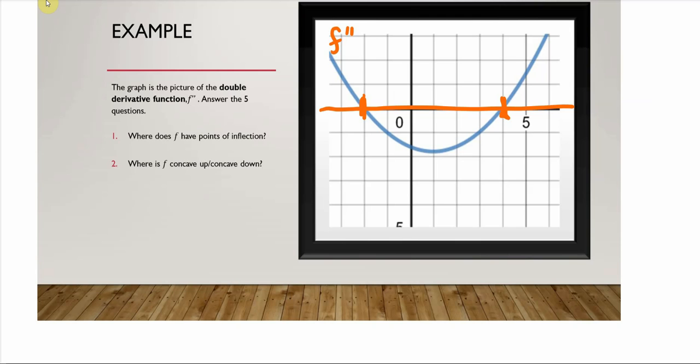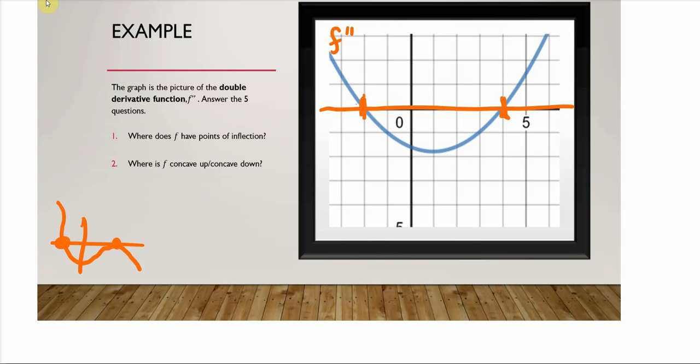Okay? Now, why are these possible points of inflection? Well, if it bounces off, and some of you might say, sir, I have no idea what you mean by bouncing off, so let me show you. Ready? This one crosses, so that's a point, and this one bounces off, so that means it's not going to be a point of inflection. It doesn't change concavity, so it's not a point.